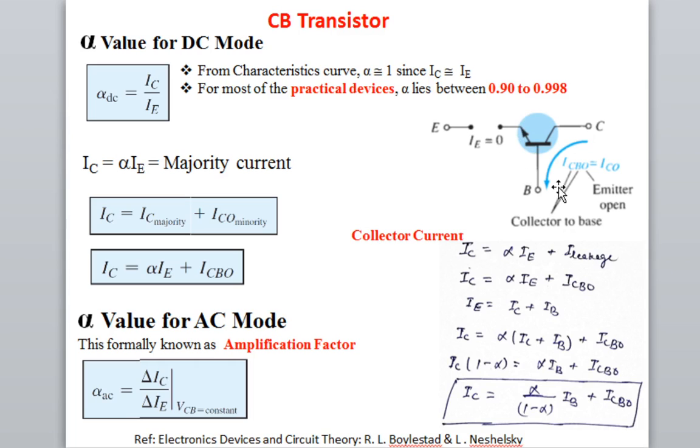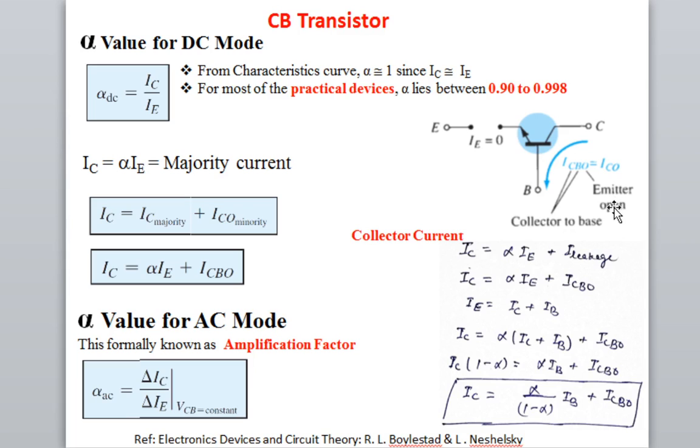Because the base-collector junction is reverse biased, a current will still flow in the direction of the emitter current. That current is known as ICO, the collector current with the emitter terminal open. Because we are using the transistor in common base configuration, this is known as ICBO, the collector to base current with emitter open.